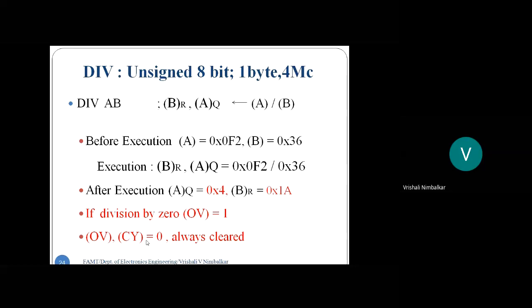Okay. Now see, why should you all remember the flags? Because you will be writing jump instructions. Okay, students. Jump if the condition is true. Jump on carry, jump on no carry. And such conditions are based on the flags.